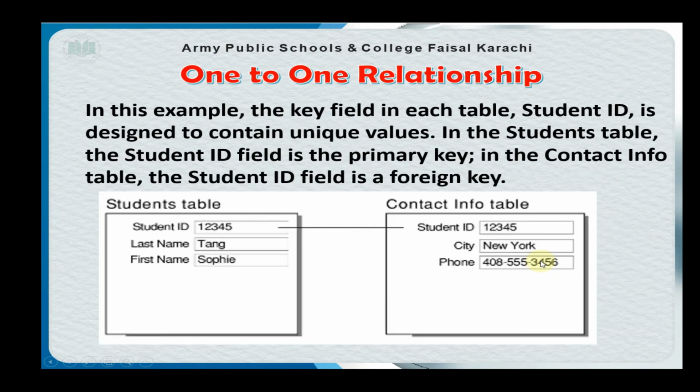In this example, the key field in each table, student ID, is designed to contain unique values. In the student table, the student ID field is the primary key. In the contact information table, the student ID field is a foreign key. So students, this type of relationship is rarely used in real-life databases.